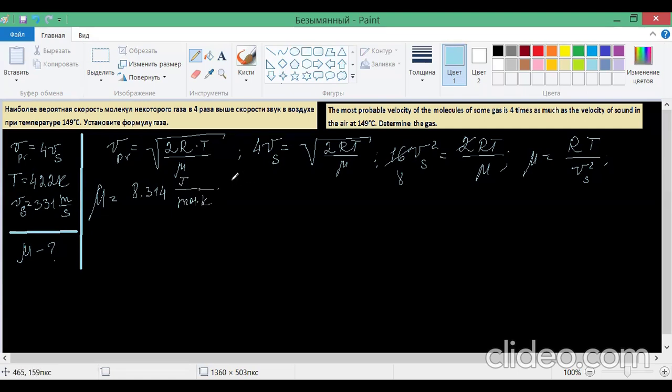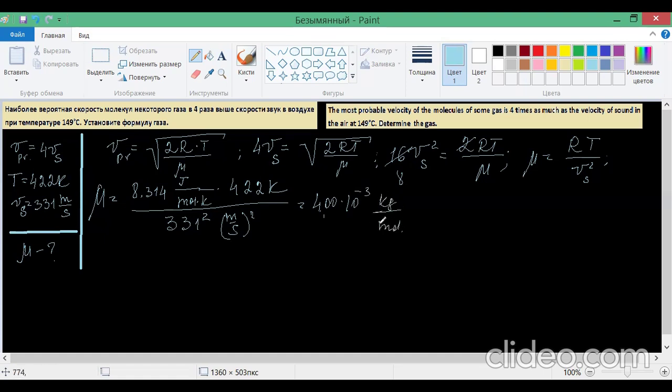Okay, the temperature is equal to 422 kelvins, right? And we divide it by 331 squared meters per second squared. Okay, and we've got a calculator, so we will get 4.00 times 10 raised to the minus third kilogram per mole.